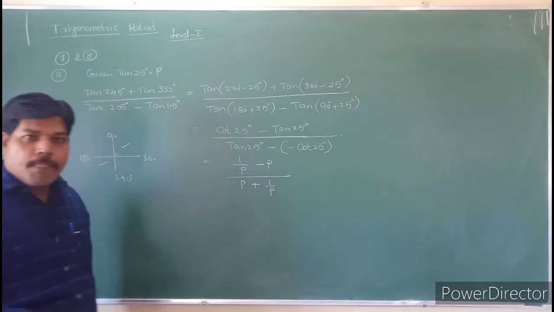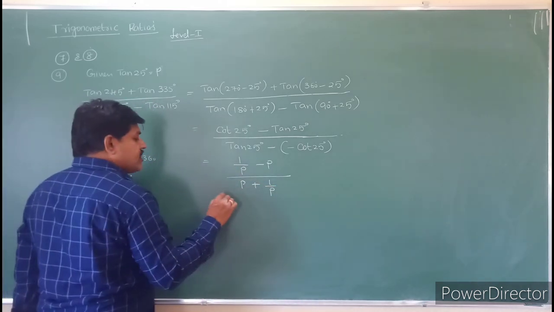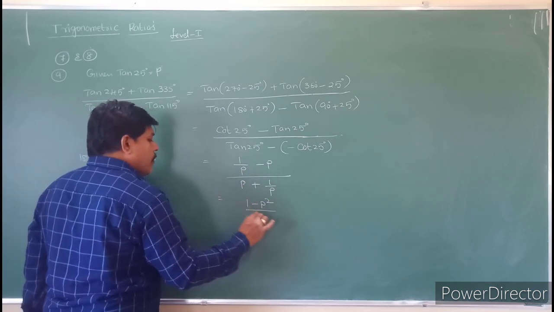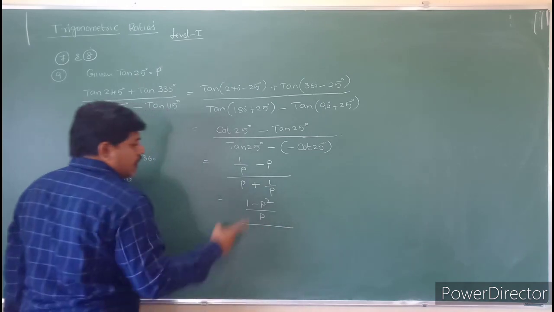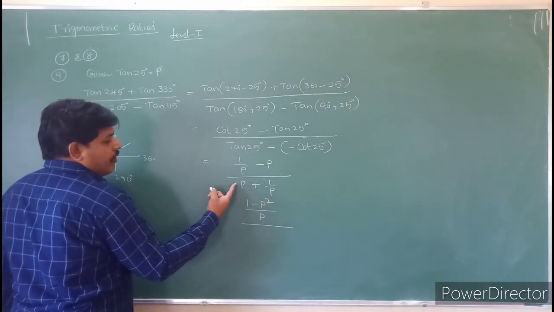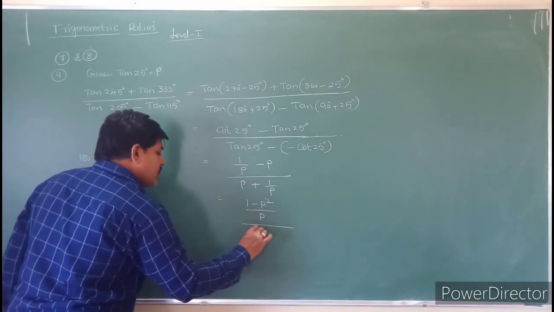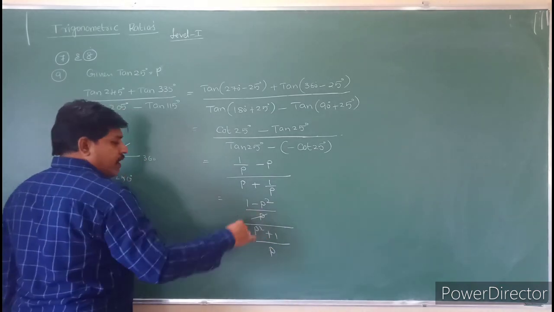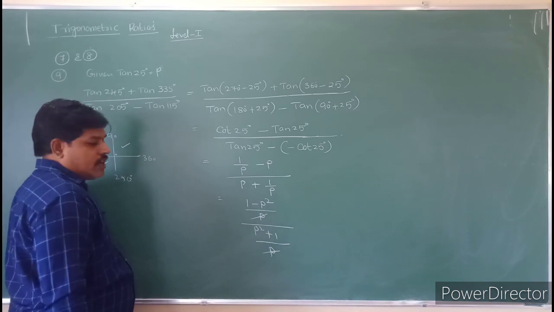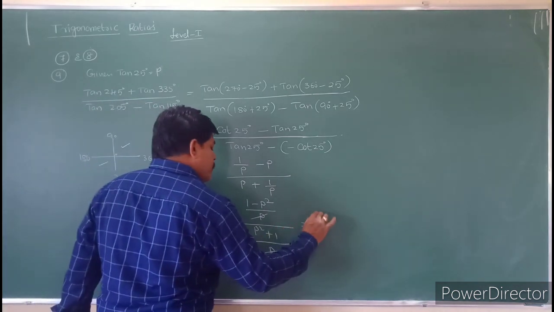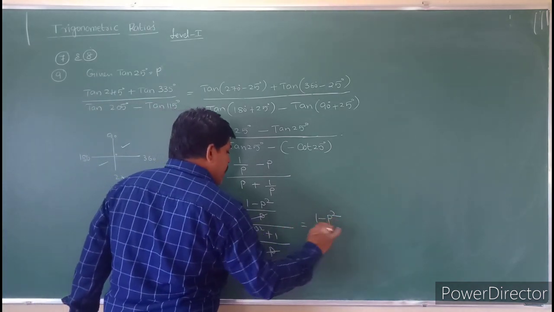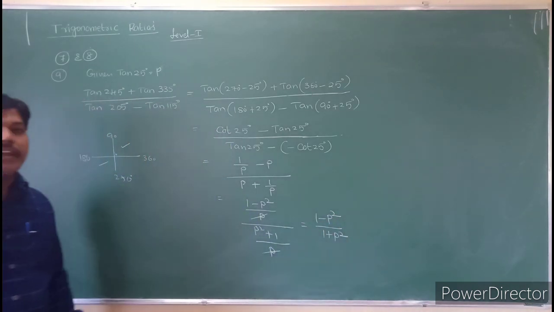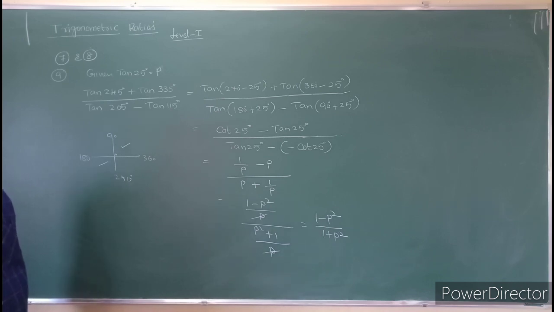Yes or no students? So take the LCM of p here: 1 minus p square by p, whole divided by, here also take the LCM, p into p is p square plus 1, that is p square plus 1 by p. The p and p will be cancelled. So what is the answer, students? You will get 1 minus p square by 1 plus p square.